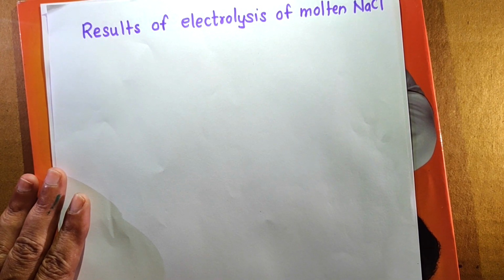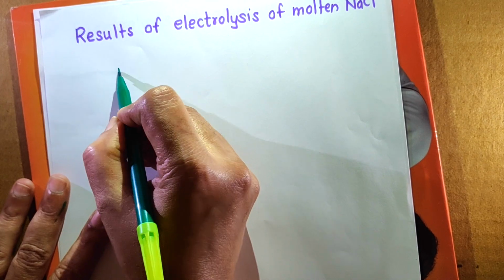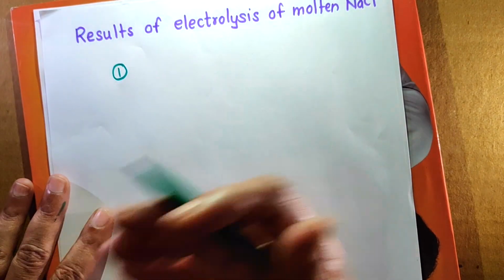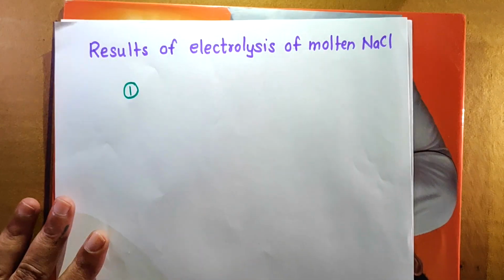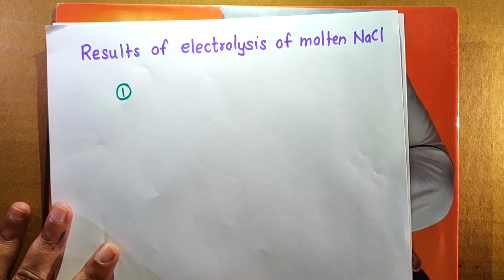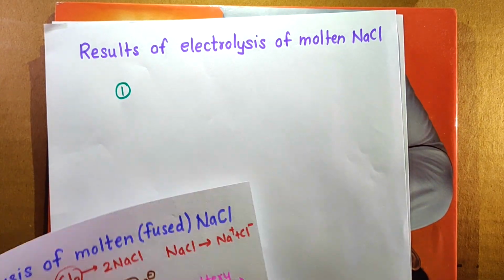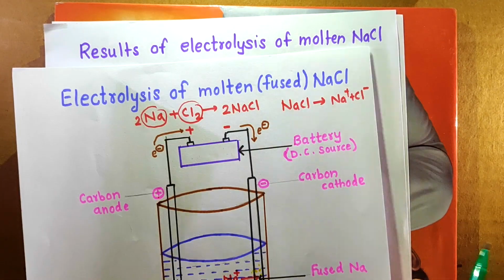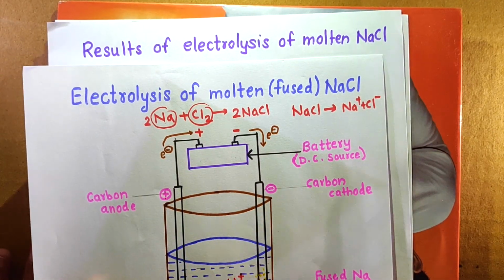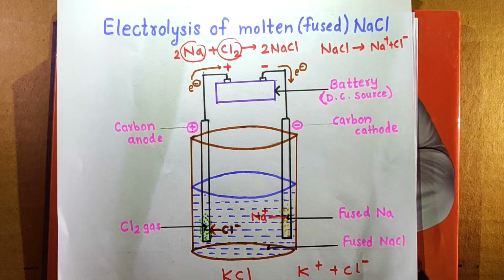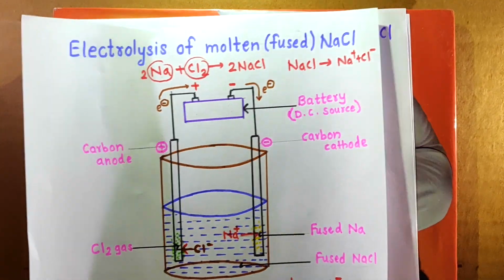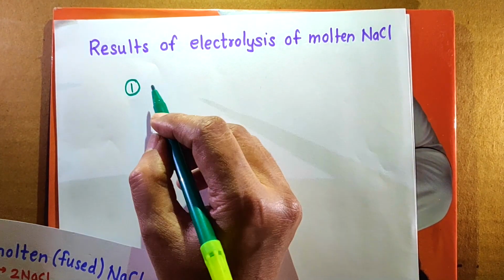Now, what are the results of electrolysis of molten NaCl? That is, what we have observed in this cell. At the anode chlorine gas is obtained, which is a pale greenish yellow gas.